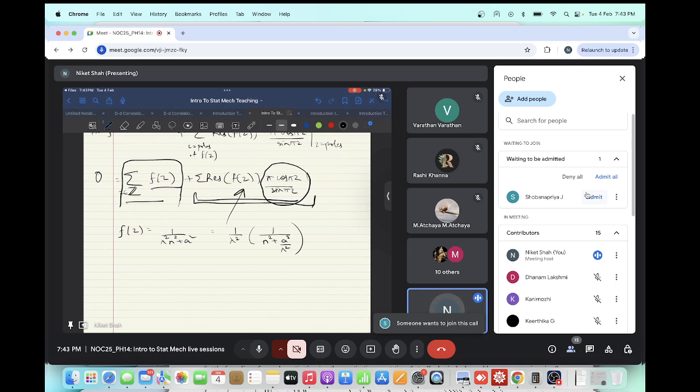My n is basically separate from lambda. So what are the poles of this function? The poles are simply n plus I a by lambda, comma n minus I a by lambda. These are the two poles of this function.